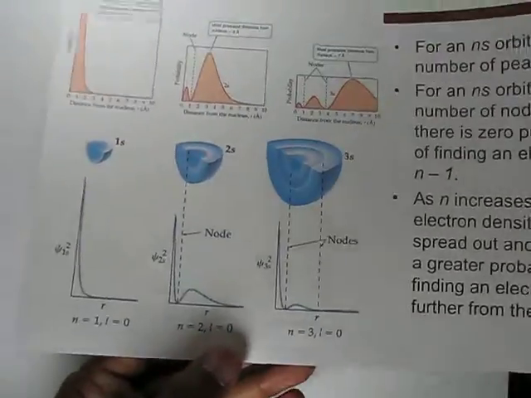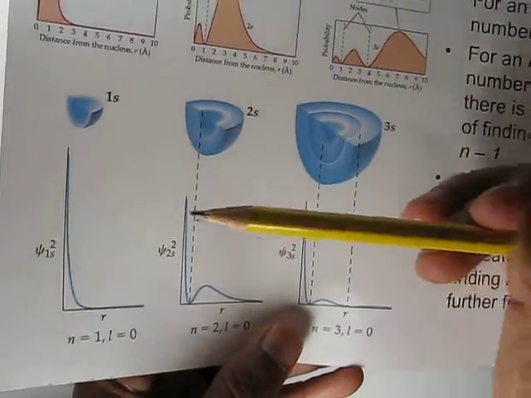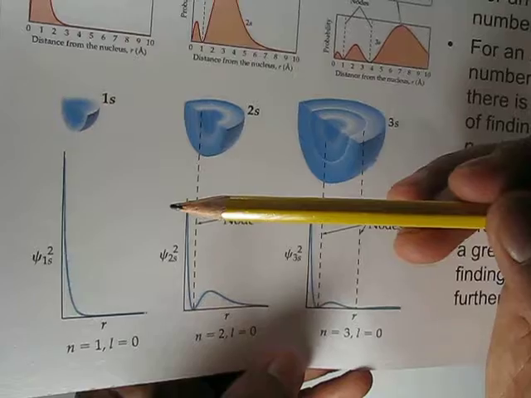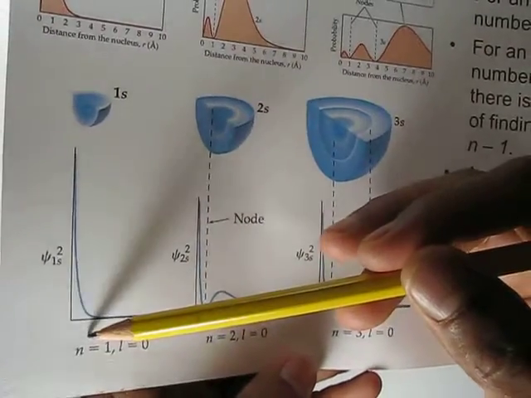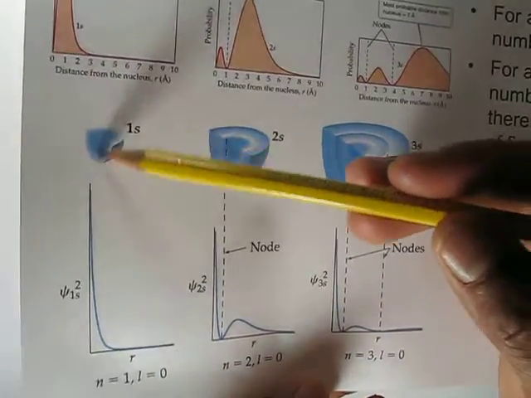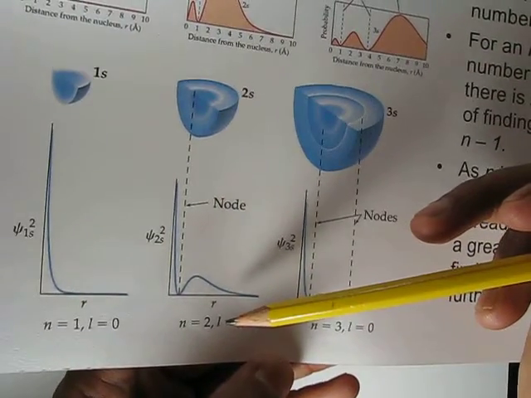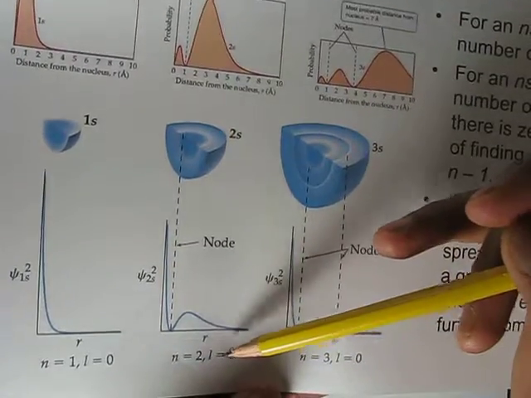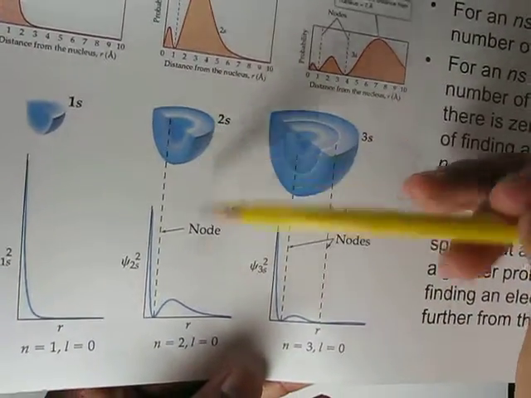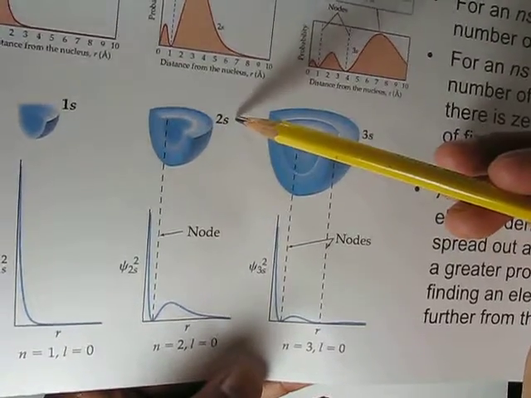One more important thing is shown in this picture. All this is derived from quantum mechanics, the Schrodinger mathematical expression. So if small n is equal to 1, then l will be 0, means there is no node, and if small n is equal to 2, then small l will be 0, and this also shows for the number of s orbital.